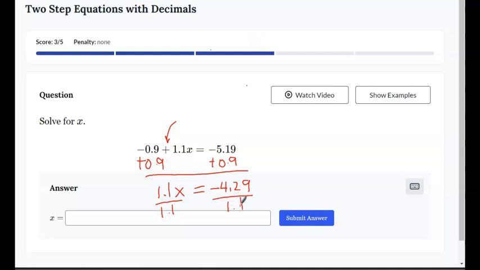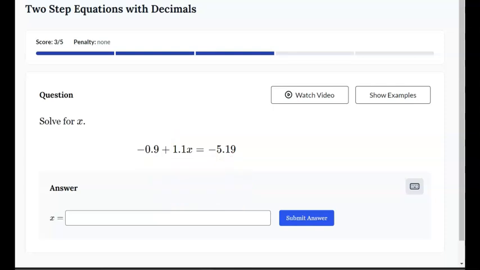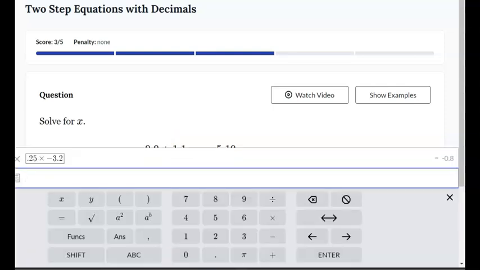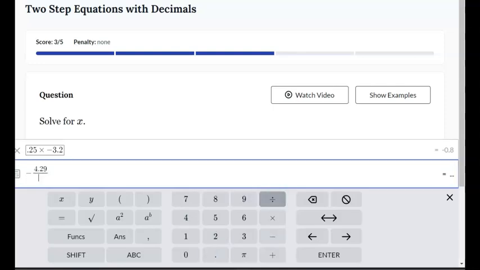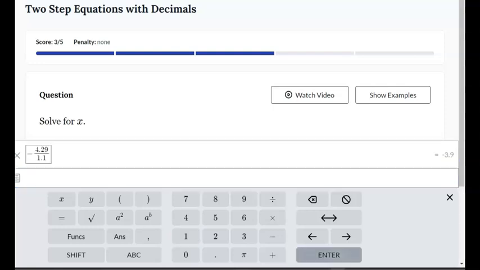Again, pick up your calculator to compute your last response. Negative 4.29 divided by 1.1. Okay, negative 3.9.